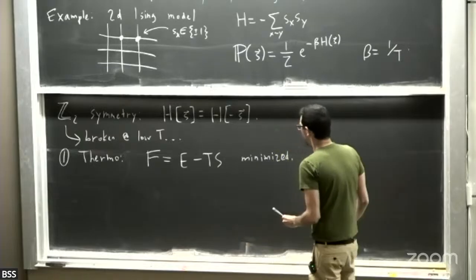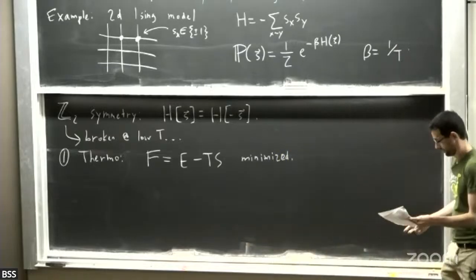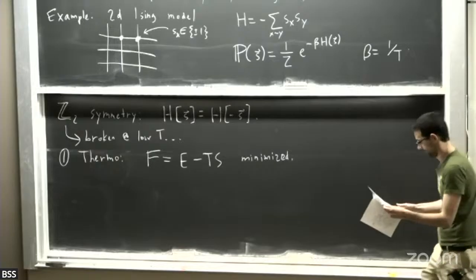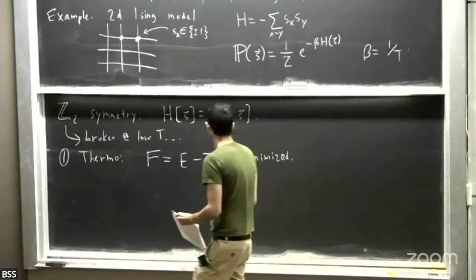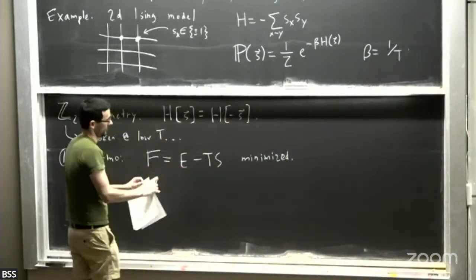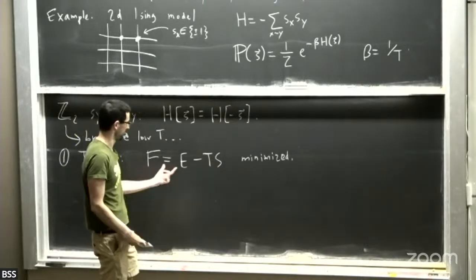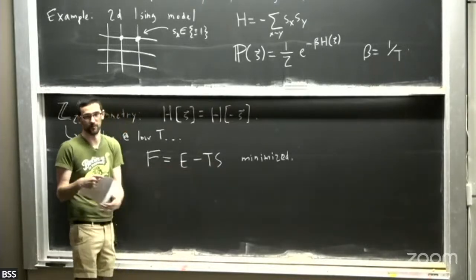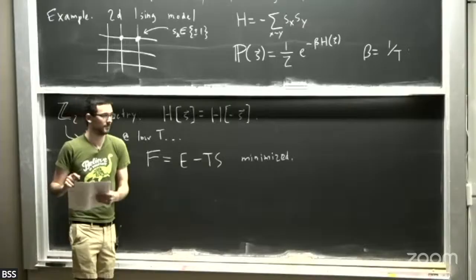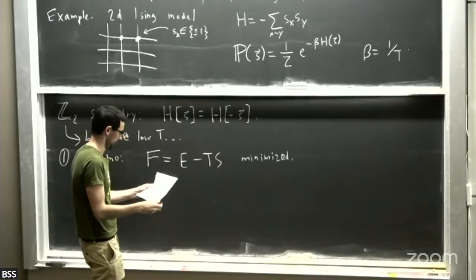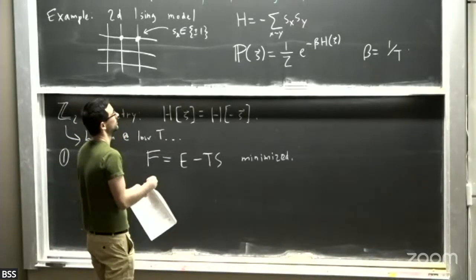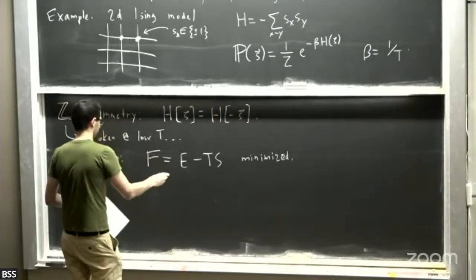Okay. And if we just stare at this formula, then it seems like if we're at low temperature, then we should minimize F by focusing first on minimizing E. And if we want to minimize E, then we should have a ferromagnet.